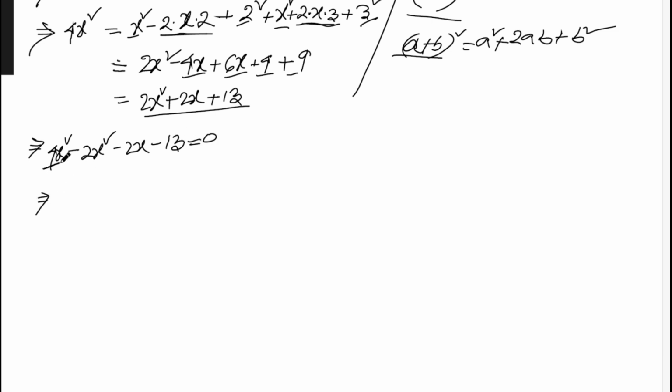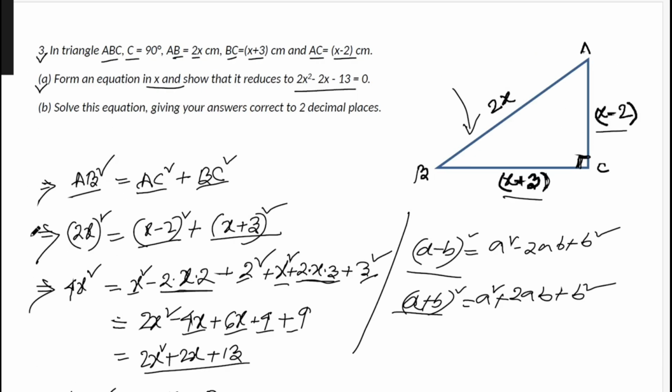So plus 4x square and minus 2x square, it will be 2x square. Then here we have minus 2x minus 13 is equal to 0. And this is our final equation as the question asks to do.